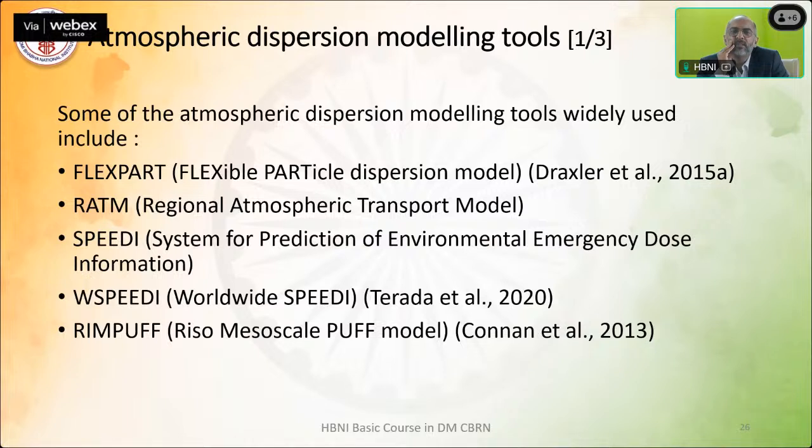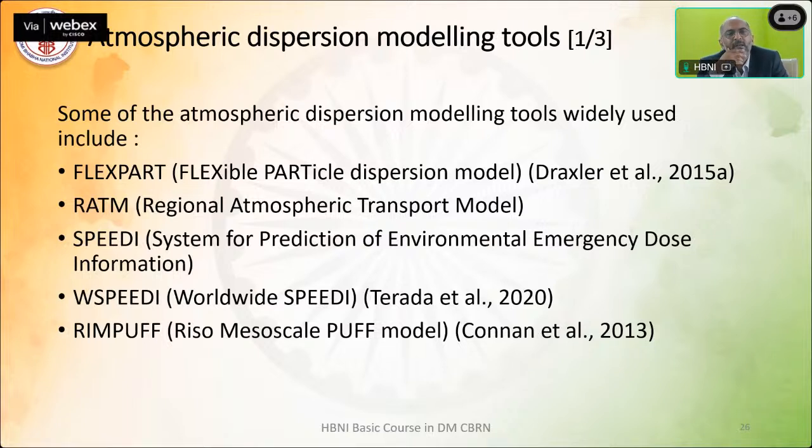This is probably going to be a workhorse, as people have to move further away from the Gaussian plume models. So the FLEXPART model is a good candidate in many cases. And regional atmospheric transport models, there is SPEEDI, the System for Prediction of Environmental Emergency Dose Information.